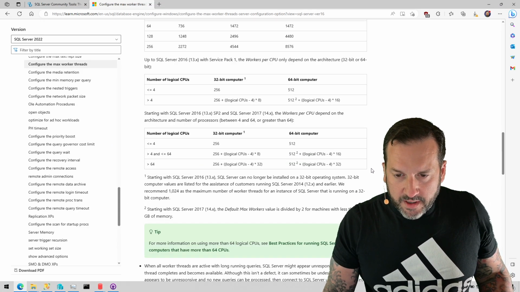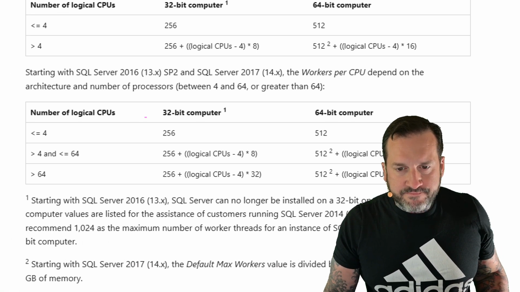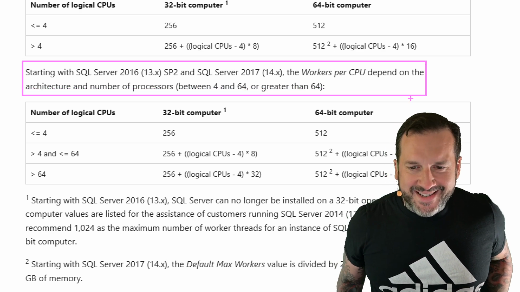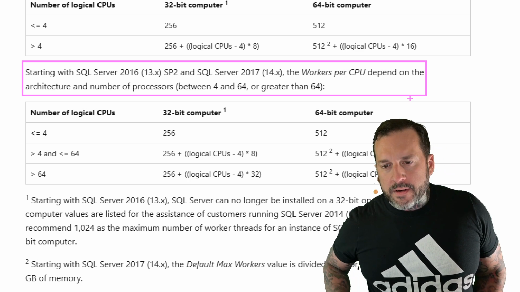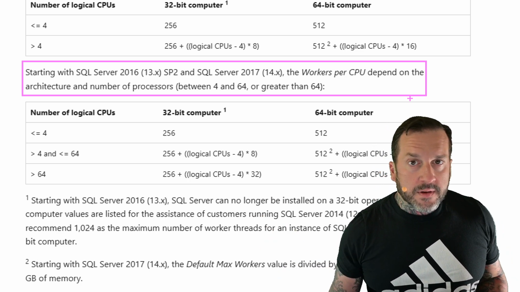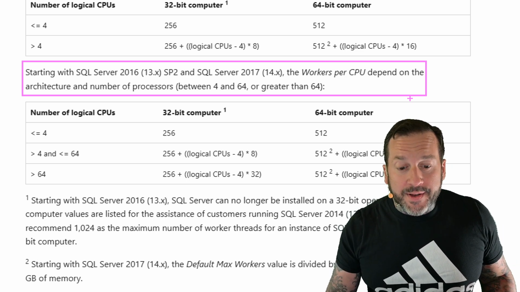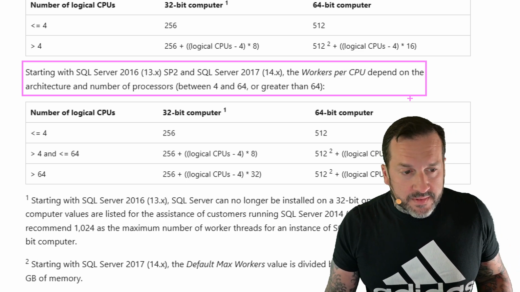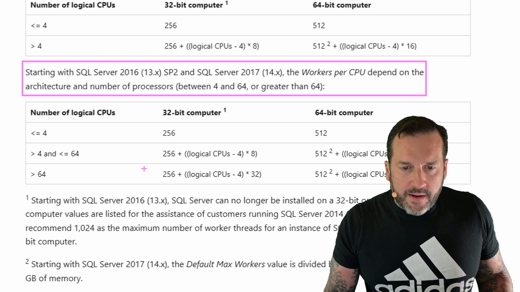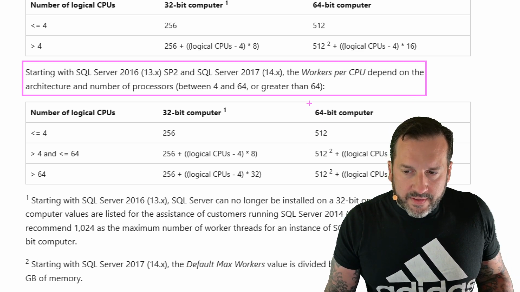So we're going to focus on this section down here. Starting with SQL Server 2016 SP2 and SQL Server 2017 and up. This also applies to 2019 and 2022. Of course, it doesn't stop at 2017. That'd be absurd. The calculations that you want to use would look like this.